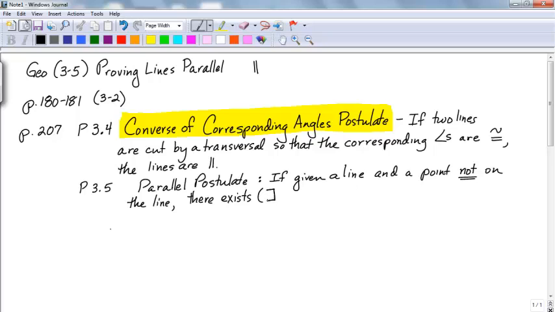This is the backwards uppercase E, which stands for there exists. There exists one line through that point that is parallel to the given line.